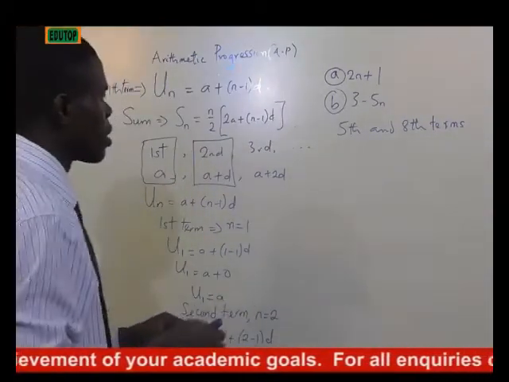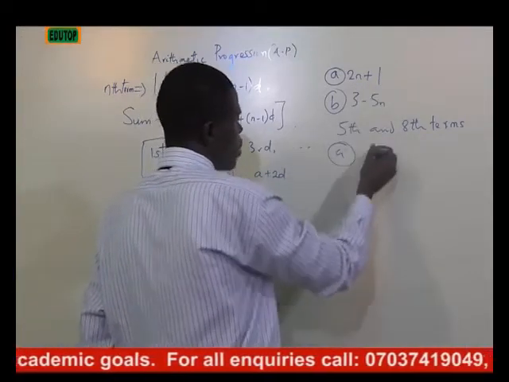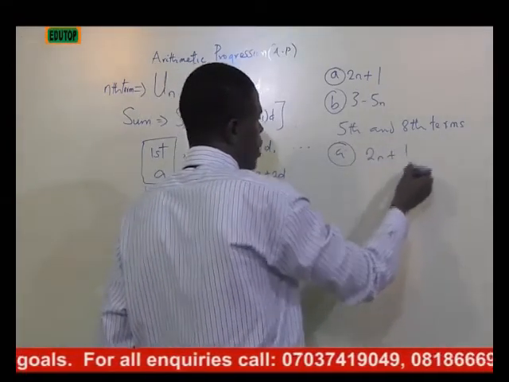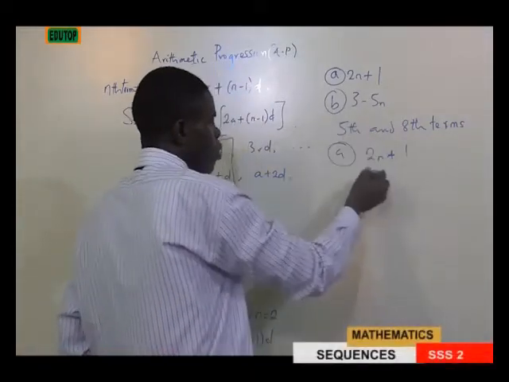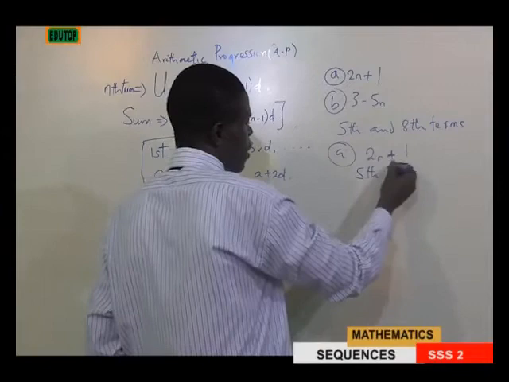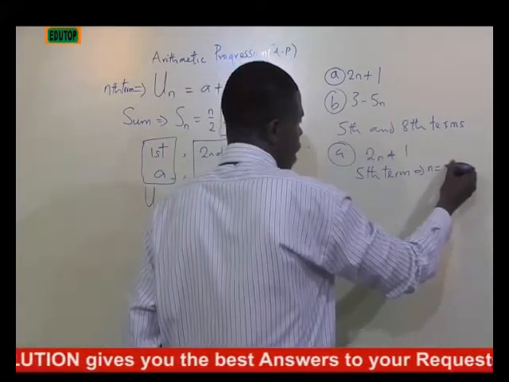So in this situation, we consider the A part, which is 2n plus 1. Once we are to look for the fifth term, automatically at this point your n is 5.